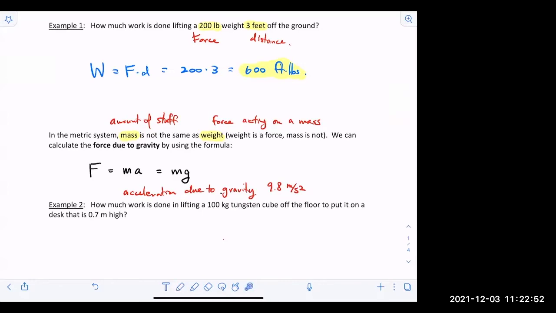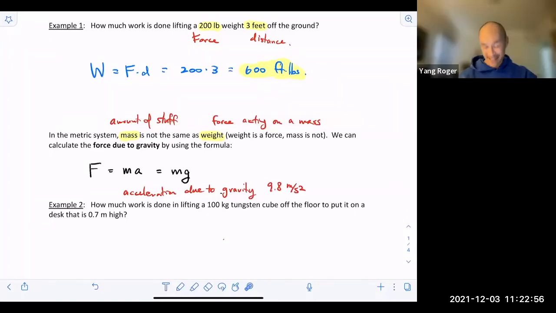Professor? Yes? Isn't it negative because gravity is pulling you down? Yes. So I was about to go there.